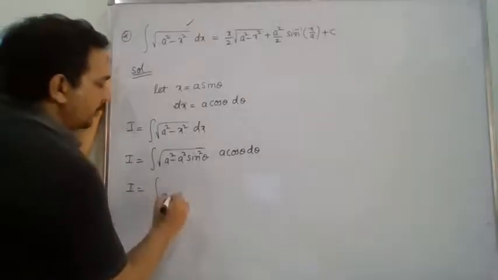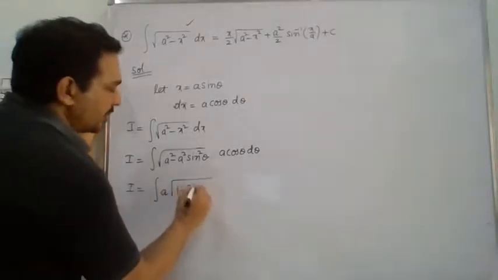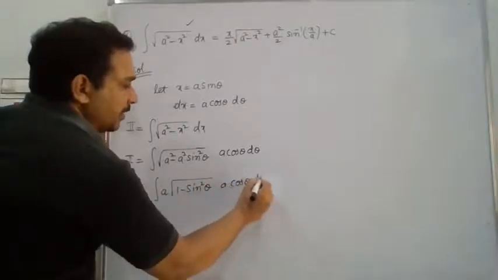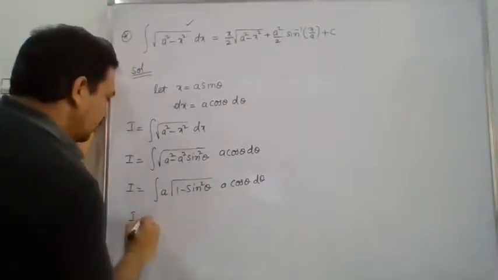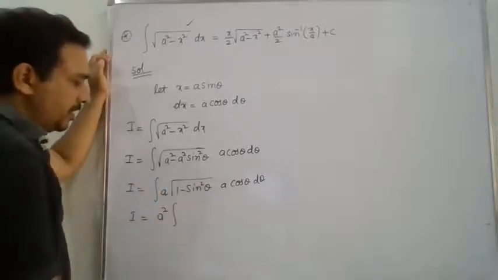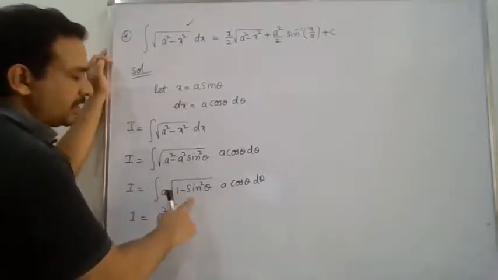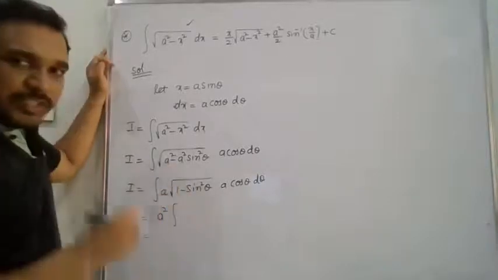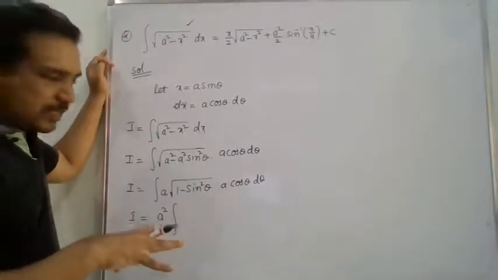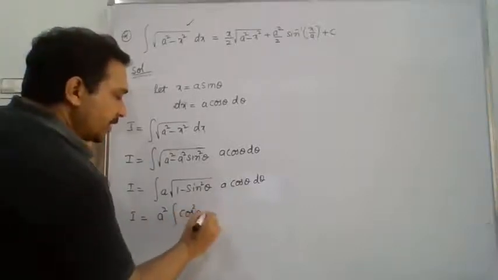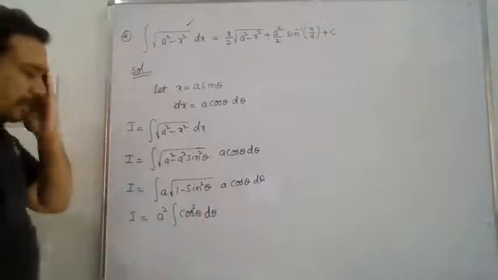So a into square root of 1 minus sine square theta into a cos theta d theta. So I is equal to a square outside the integration. Square root of 1 minus sine square theta is square root of cos square theta, which is mod cos theta, but I am taking positive cos theta. Cos theta into cos theta is cos square theta d theta.